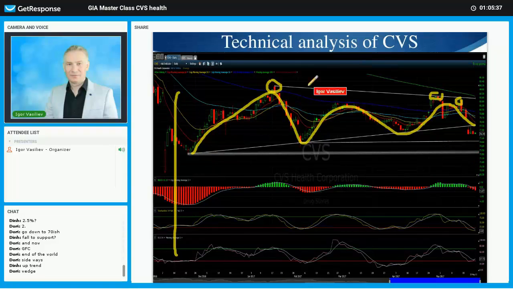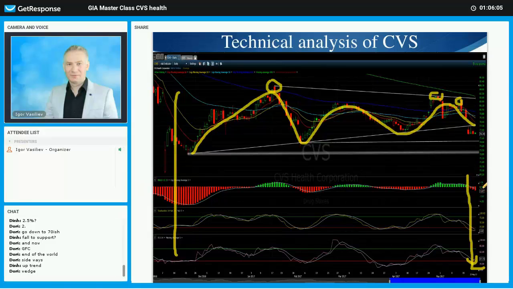So technically, if we look at this particular company, we don't expect any news in the next 2.5 months until the next earnings, right? From the indicators' point of view, we can see that MACD is low, stochastic is oversold, and RSI shows our first turn.